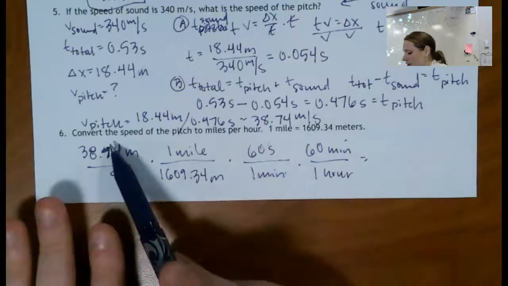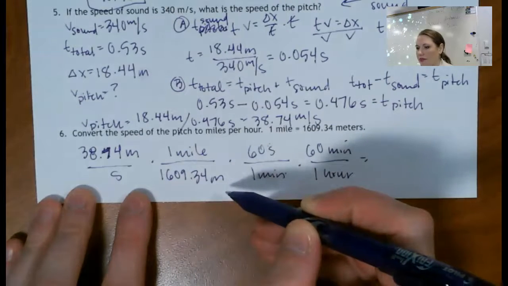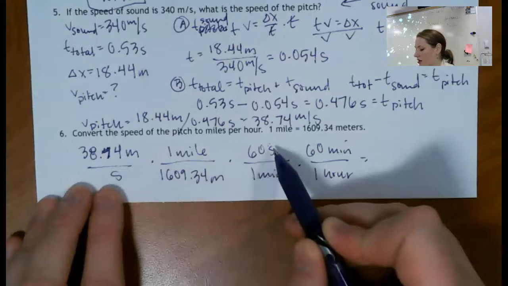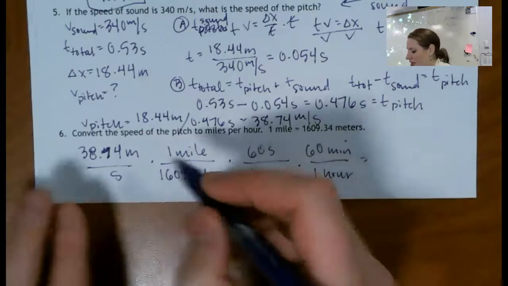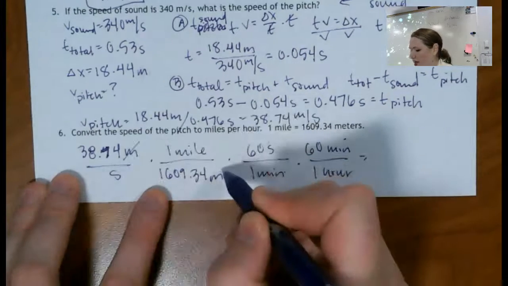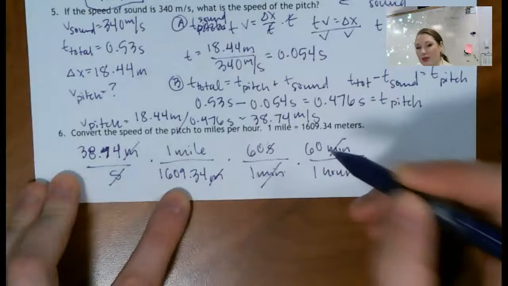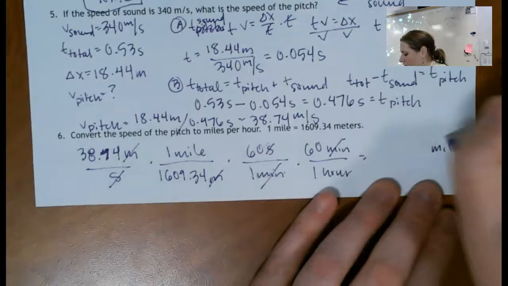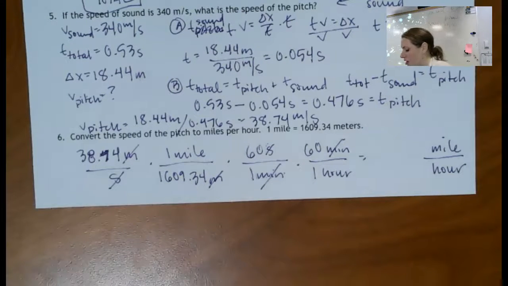You'll notice everything right here is this zigzag of a unit on the top and a unit on the bottom. I've got seconds in the bottom over here, so I put seconds in the top over here. I've got minutes in the bottom, so I need minutes in the top. The idea is that way the units will cancel as I go through this computation, leaving me with just miles on the top and hours on the bottom, miles per hour.